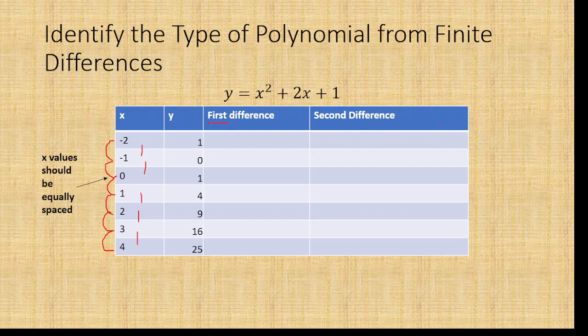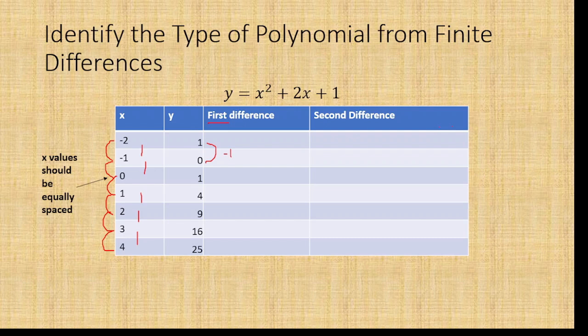What is a first difference? Basically, we subtract consecutive values of y from each other, and what we get is the first difference. So if we subtract 1 from 0, that is 0 minus 1, what we get is -1.